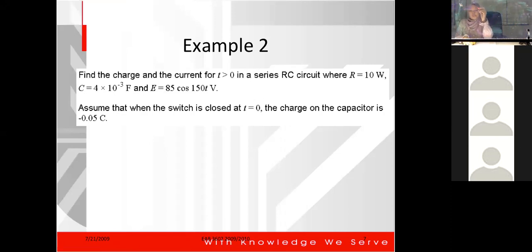VC is equal to V multiplied by 1 minus e to the power of negative t over RC kan? Ni equation dia. So this one, 1 over RC is equal to what?